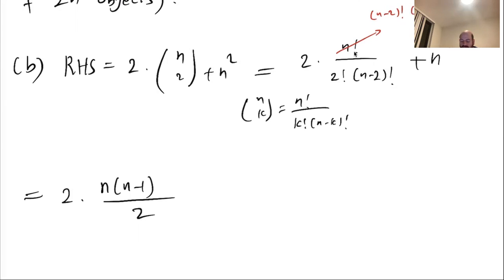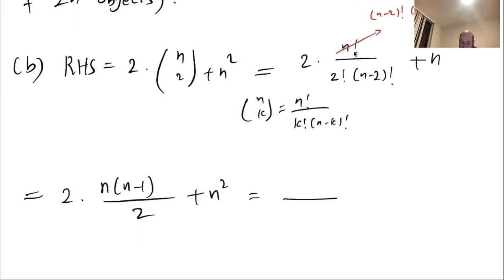So n factorial over n minus 2 factorial will be n times n minus 1. And then 2 factorial is of course 2, plus n squared.